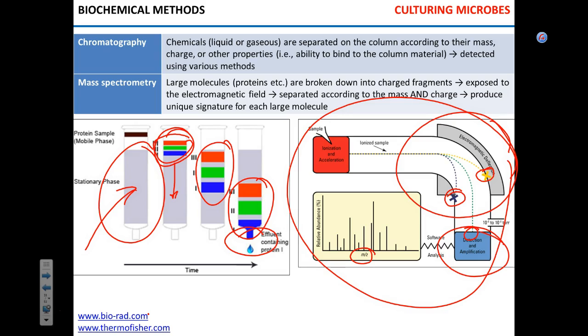And it turns out, if you use the same method to break down proteins over and over again, each protein will produce its own unique signature spectrum. Does that make sense?